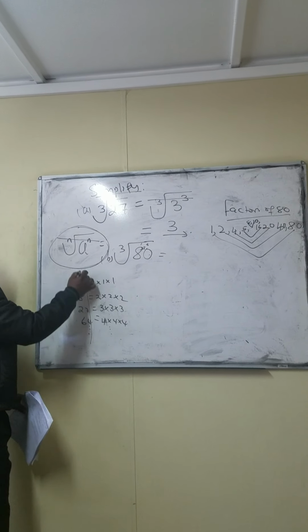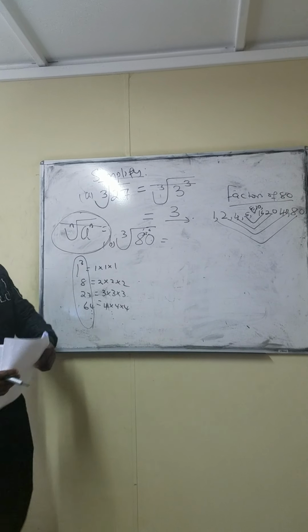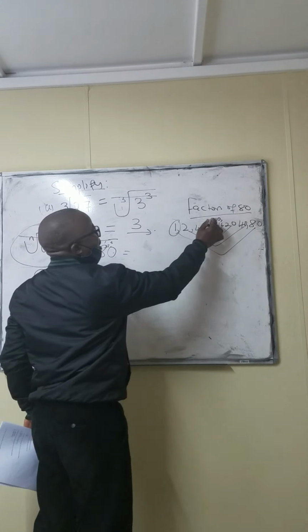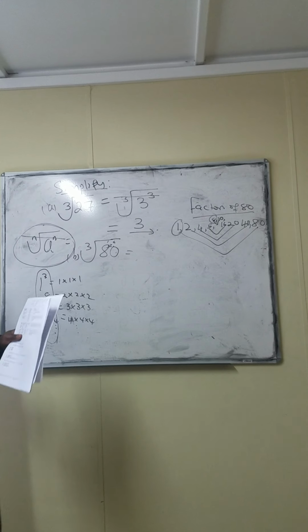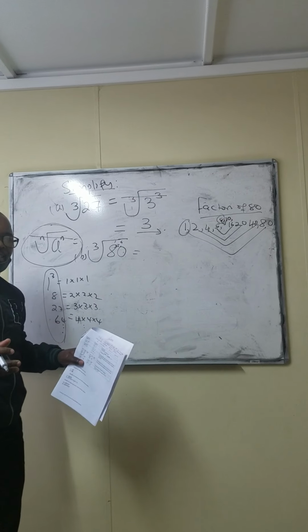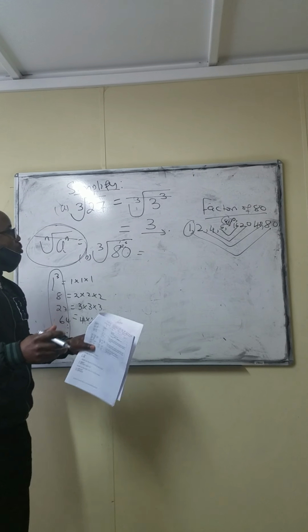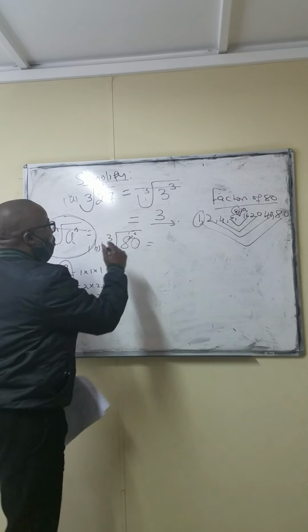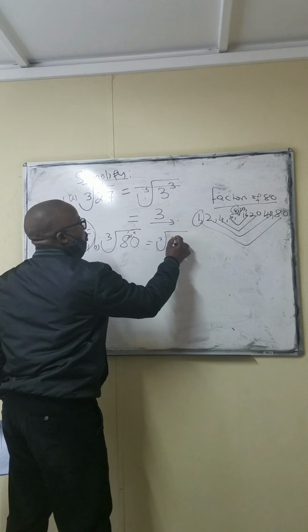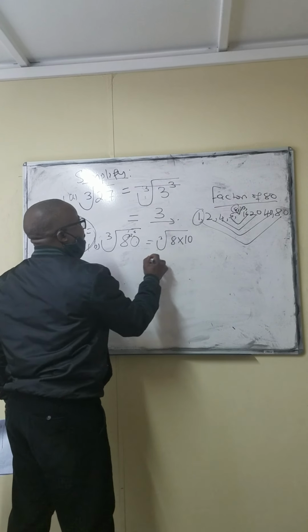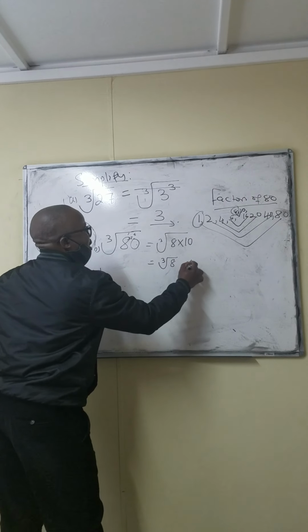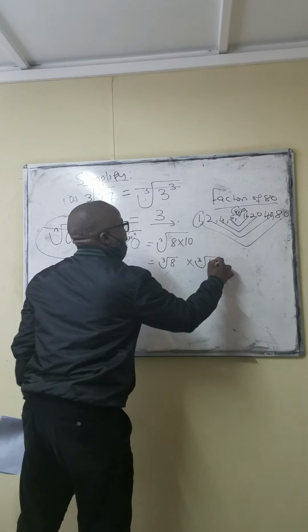These are the cube numbers. In this case, our cube numbers are 1 and 8. So we look for a pair with the biggest possible cube number, and the pair is 8 and 10. So this will be the cube root of 8 times 10, and then this will be the cube root of 8 times the cube root of 10.